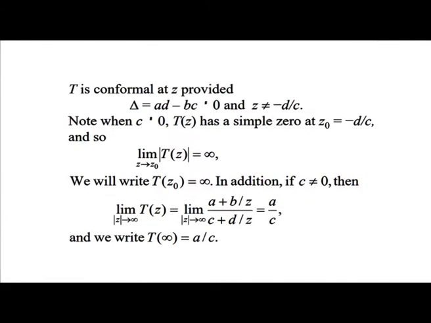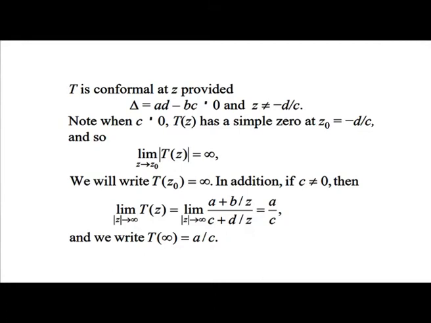And also one more point to be excluded, that is z is equal to minus d by c, where the function reduces to infinity or else it is not defined. So, any function t of z such that az plus b by cz plus d, where a, b, c, d are complex constants and ad minus bc not equal to 0 is called a bilinear transformation or linear fractional transformation.